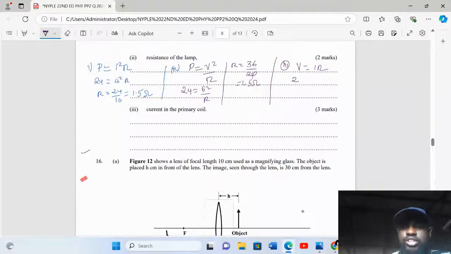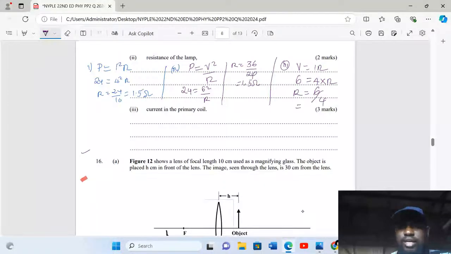Our voltage is 6, given by a current of 4 times R. Our R is given by 6 divided by 4.